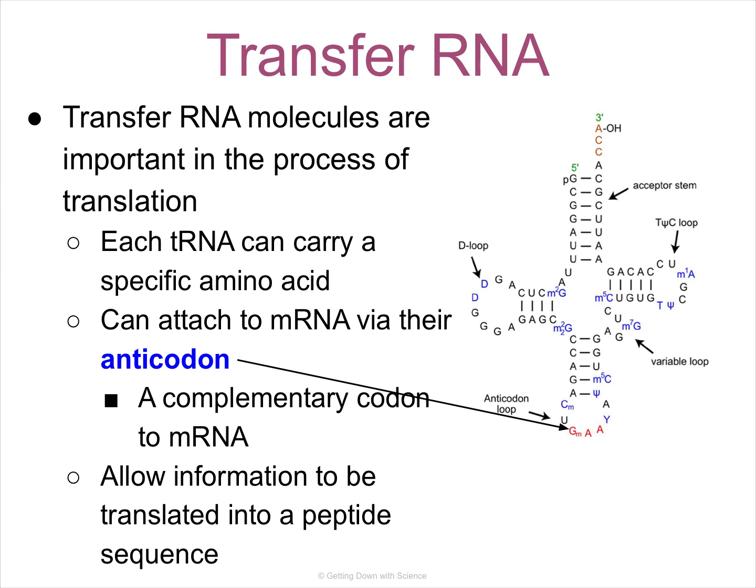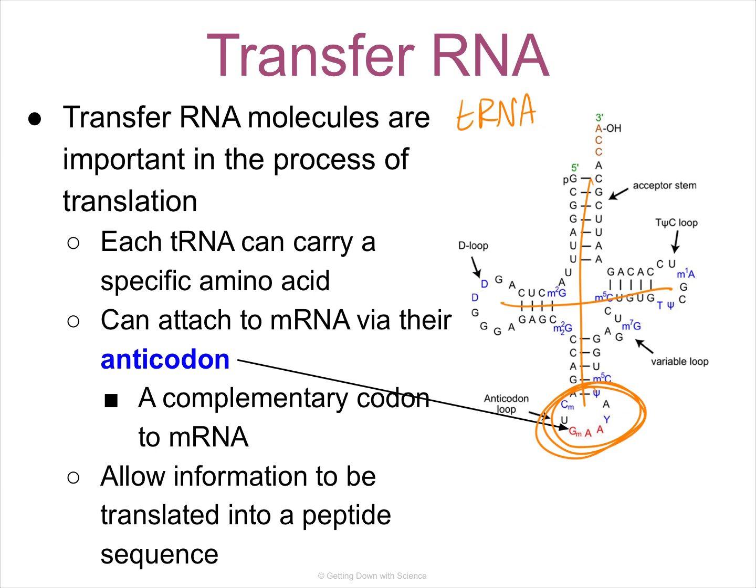Now, transfer RNA molecules, this is going to be more important in translation. But tRNA, or transfer RNA, looks like the shape of a T, right? So the most important part that you need to know here is down here at the bottom. Each tRNA molecule will have something that we call an anticodon.